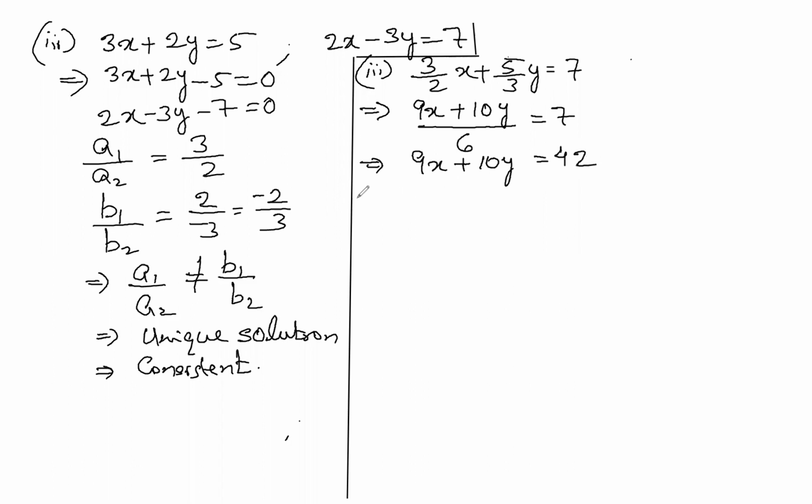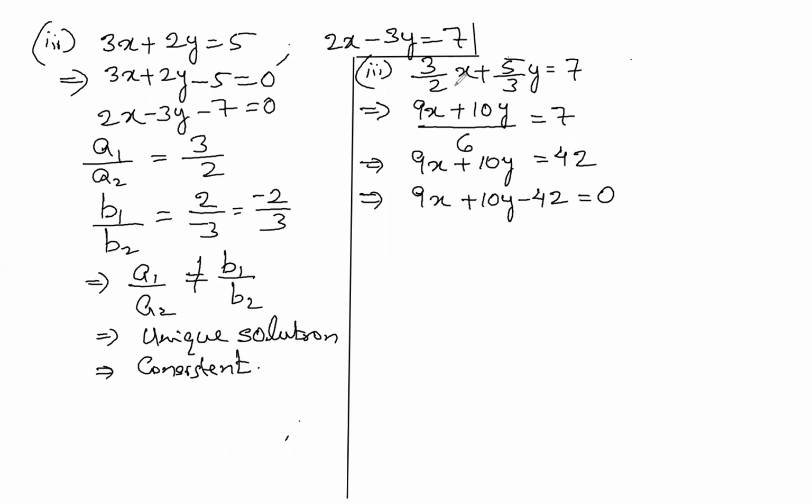We will take this 42 to the left side. That is 9x plus 10y minus 42 is equal to 0. This is the first equation: 9x plus 10y minus 42 equal to 0. Hope you understood. 3 and 2, 6 is the LCM.